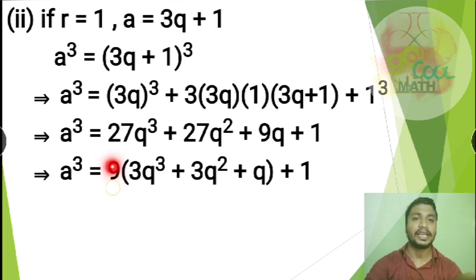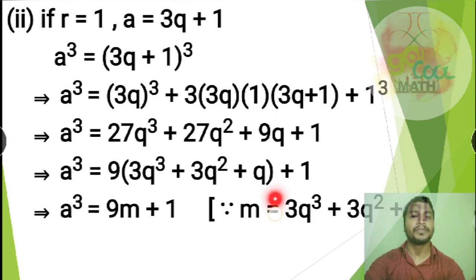You'll get 9 into 3q cube, 3q square, and q. Consider this bracket part as m here. Therefore, a cube is equal to 9m plus 1, where m is nothing but 3q cube plus 3q square plus q.